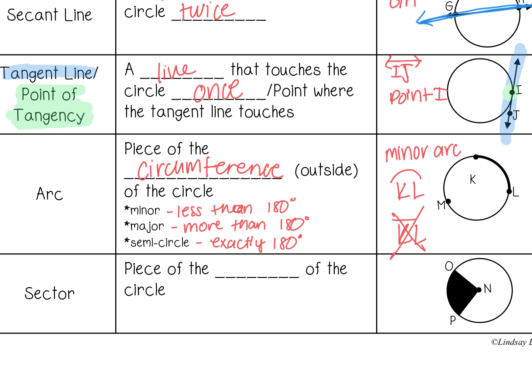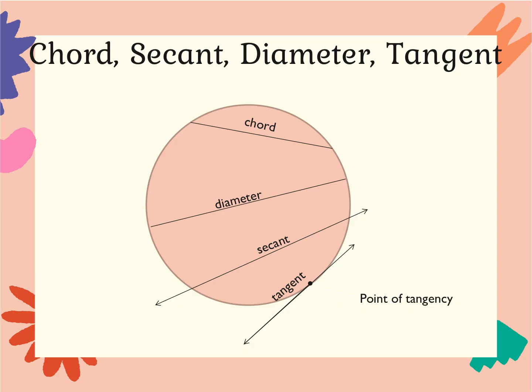And then my last thing is my sector. Sector is a piece of the area of the circle, and this one will be called sector ONP. All right, looking at this, these are kind of showing you what everything is. So a chord, remember, a chord has the endpoints.